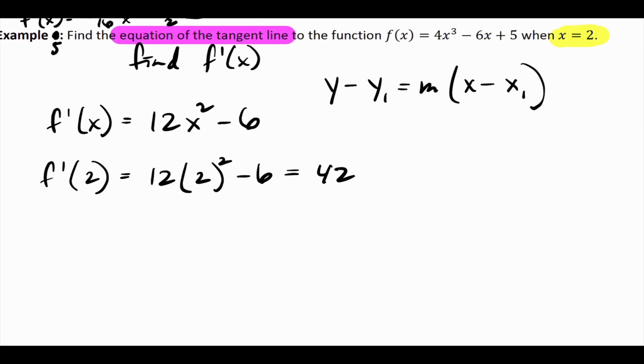42 is the slope. So 42 goes here. They gave me the x. So I can plug in 2. How do I find the y? Yep, f of 2.